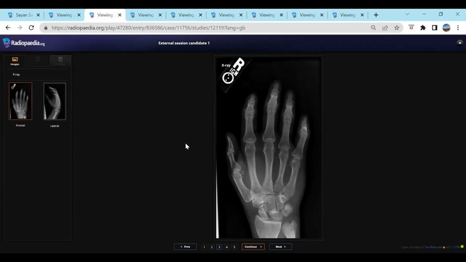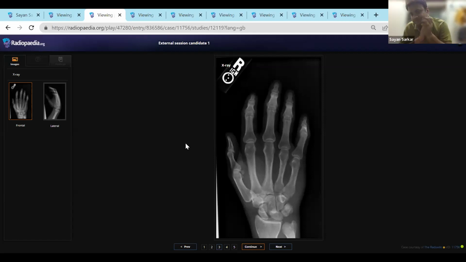Okay. So I'm looking at the radiograph of an adult patient who presented in ER with a history of sports injury. Bone density appears normal to me. Now systematically looking at the carpal bones, there appears to be a slightly increased gap between the scaphoid and the lunate.